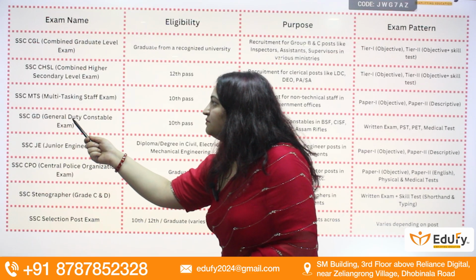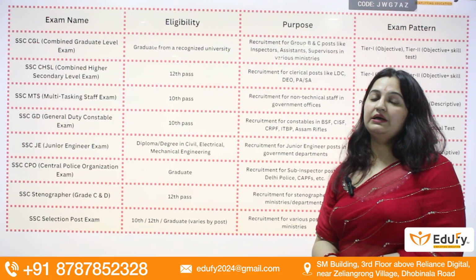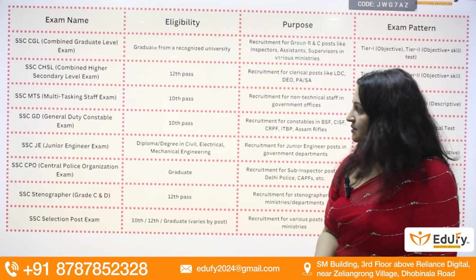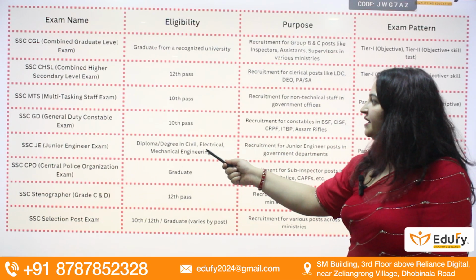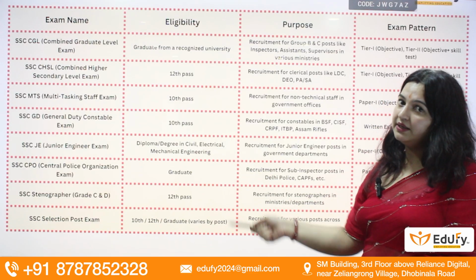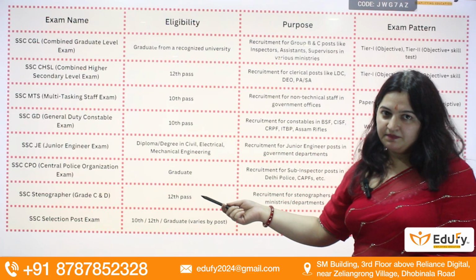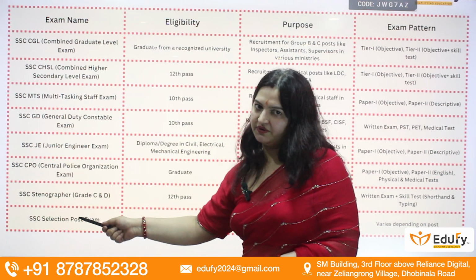For the General Duty Constable exam, the criteria is also 10th pass. Apart from that, the Junior Engineer exam requires a degree or diploma in the engineering field. CPO is a graduate exam. And apart from CHSL, the Stenographer exam is also for 12th pass.